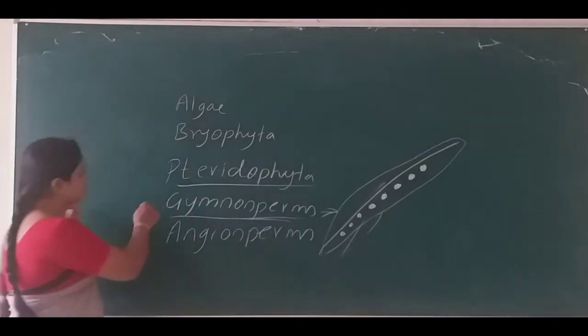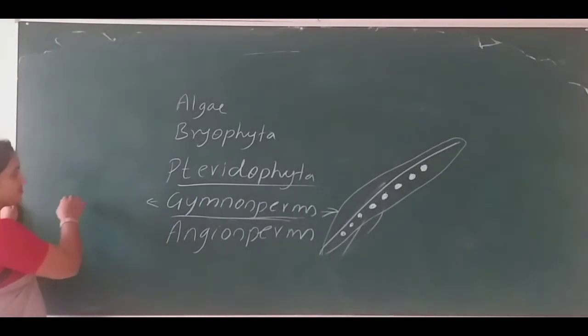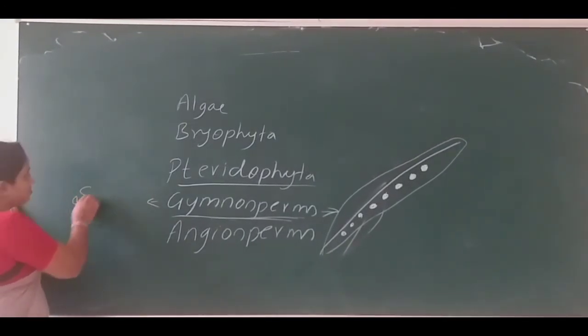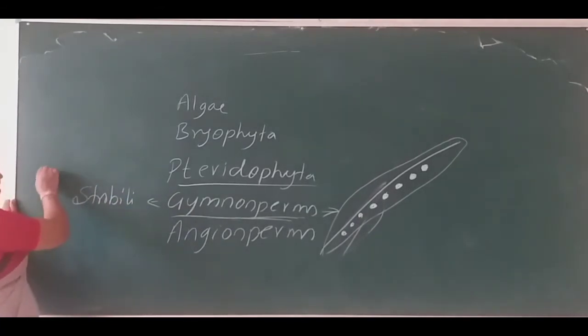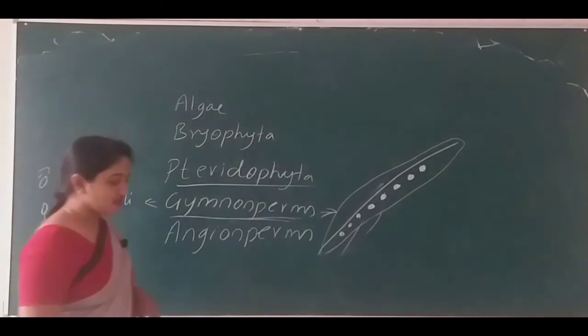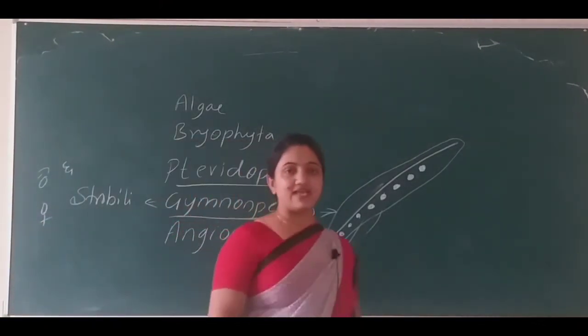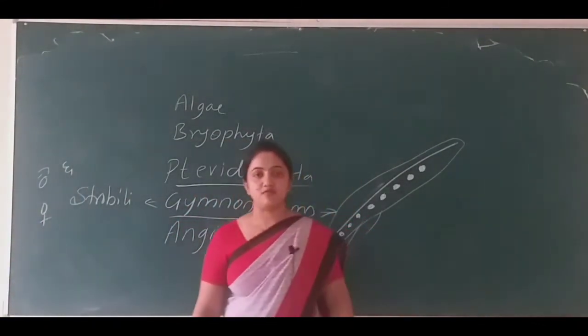One specific structure is there, known as strobili. The male and female strobili are present at the axial part of the plant body.